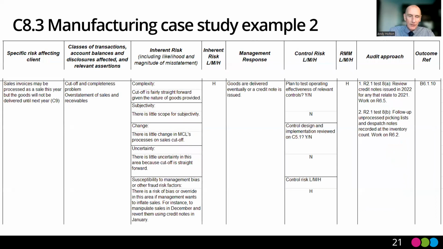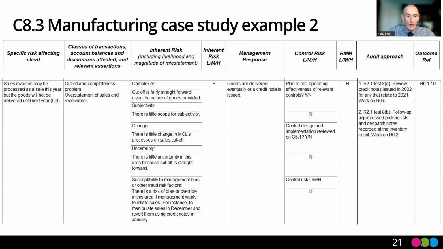Moving on to another example, this is sales invoices may be processed as a sale in this year, but goods not dispatched until the next year. So basically a cut-off risk. So again, running down complexity, subjectivity, any changes, uncertainty. None of these are particularly high risk areas given the nature of the business and the systems.